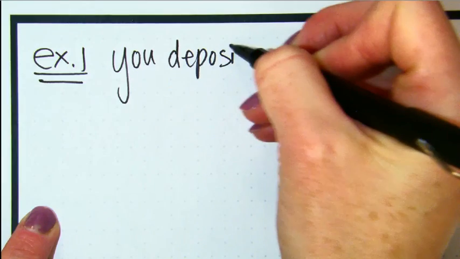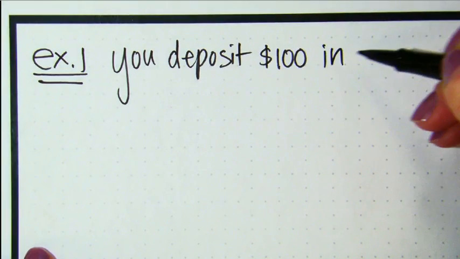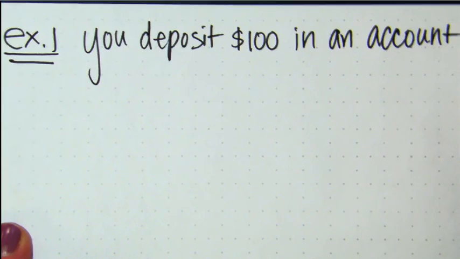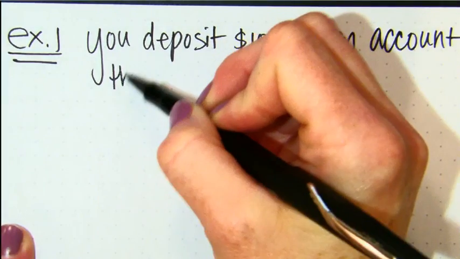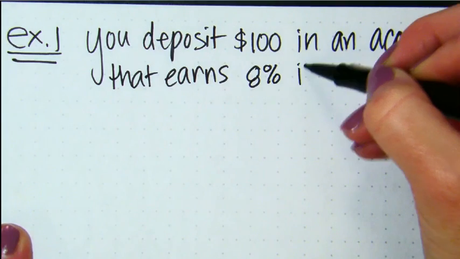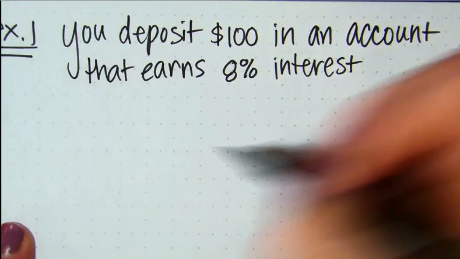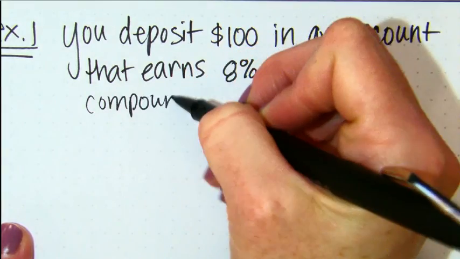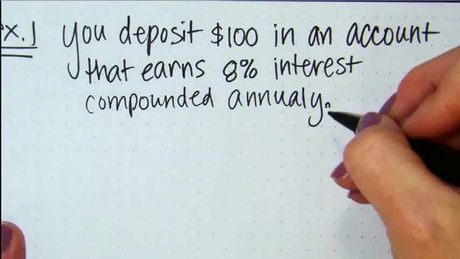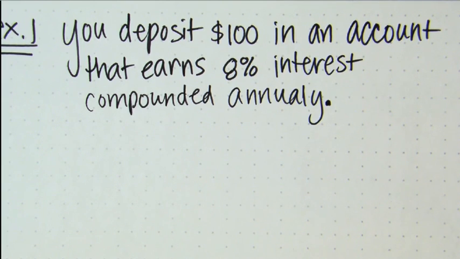You deposit $100 in an account that earns 8% interest compounded annually. What that means is at the end of the year, they take 8% of your $100, and that's how much you have going into the next year.